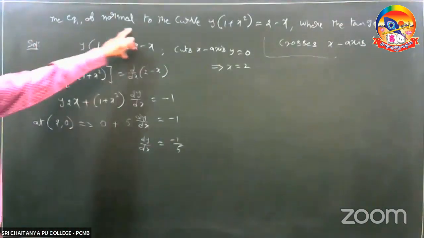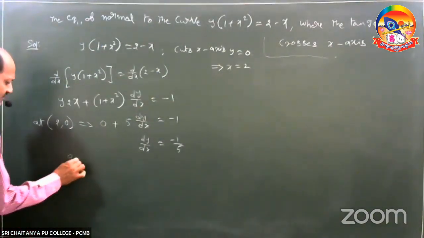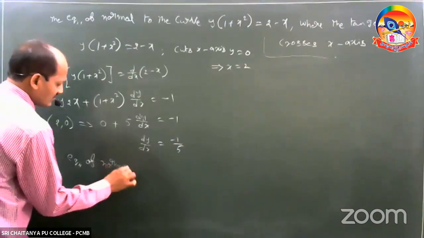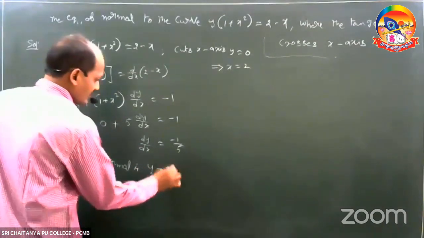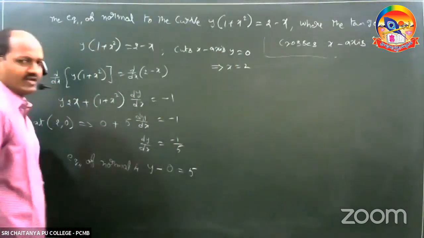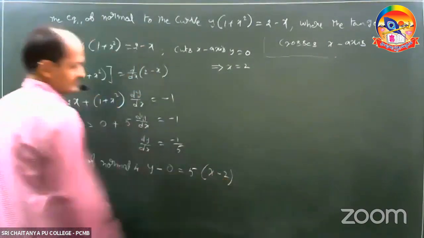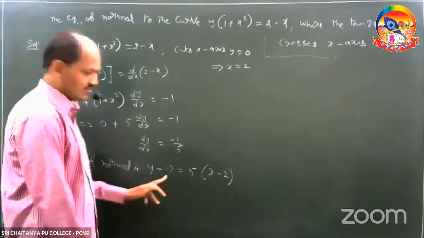But here we need the equation of the normal. Therefore, y minus y1, which is 0, equals minus 1 by m into x minus x1. Here x1, y1 is 2 comma 0.